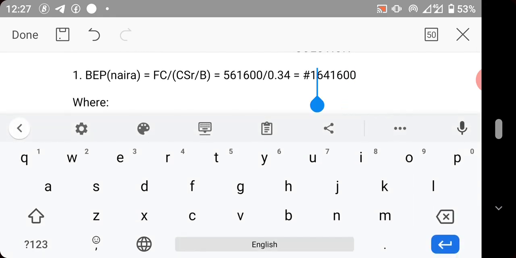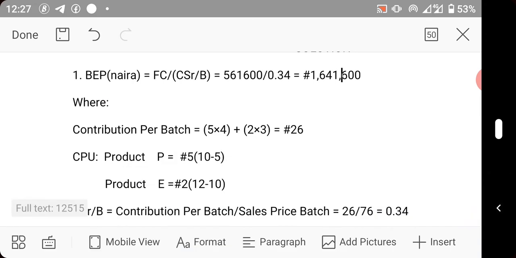You would observe that we have a break-even point of this value. For us to break even, we must make sales equal to this value. And recall that at the point of break-even, total cost is equal to total revenue.